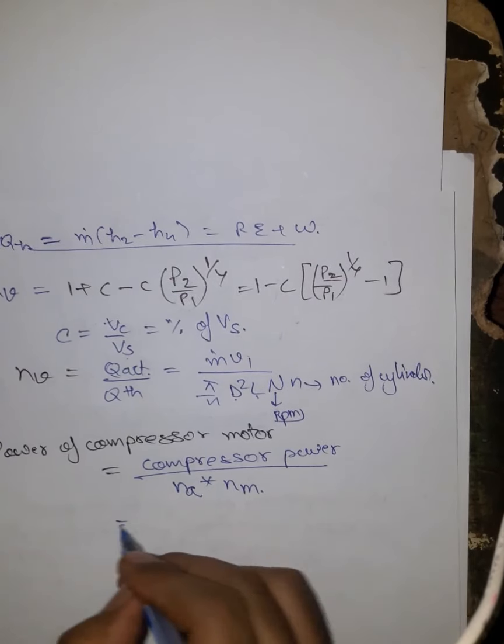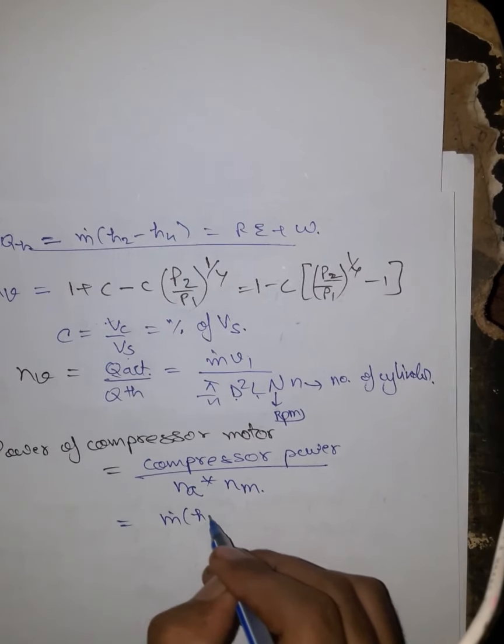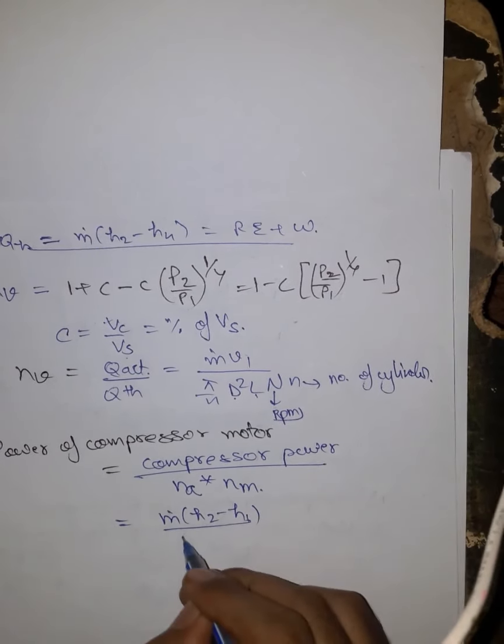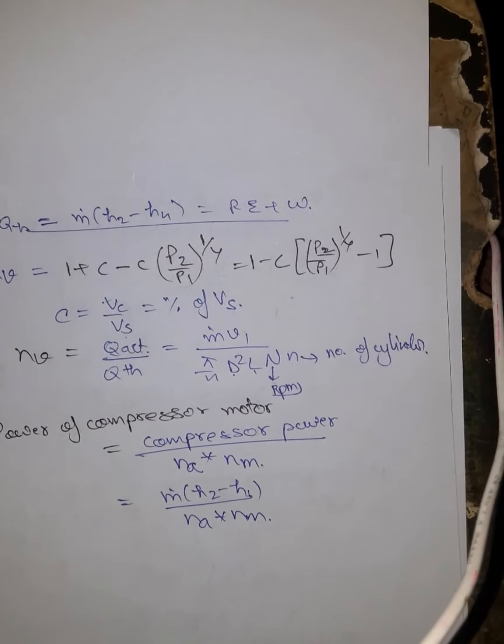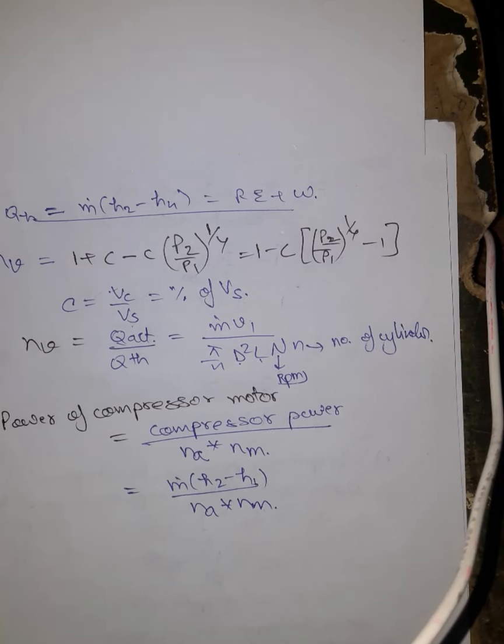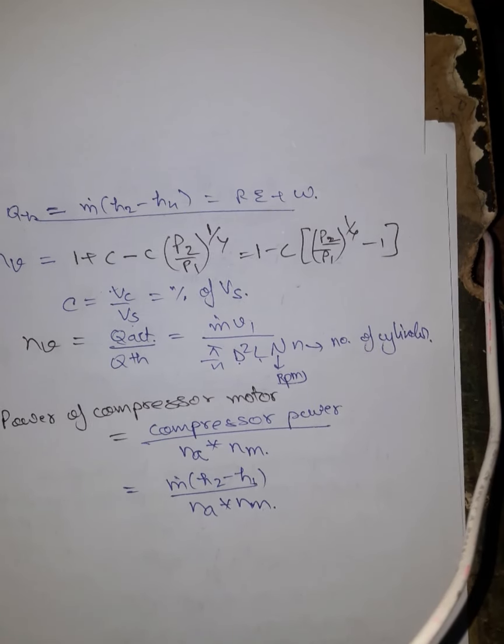So the formula reduces to m dot (h2 minus h1) upon eta a into eta m. This is the electrical power required in the particular process.